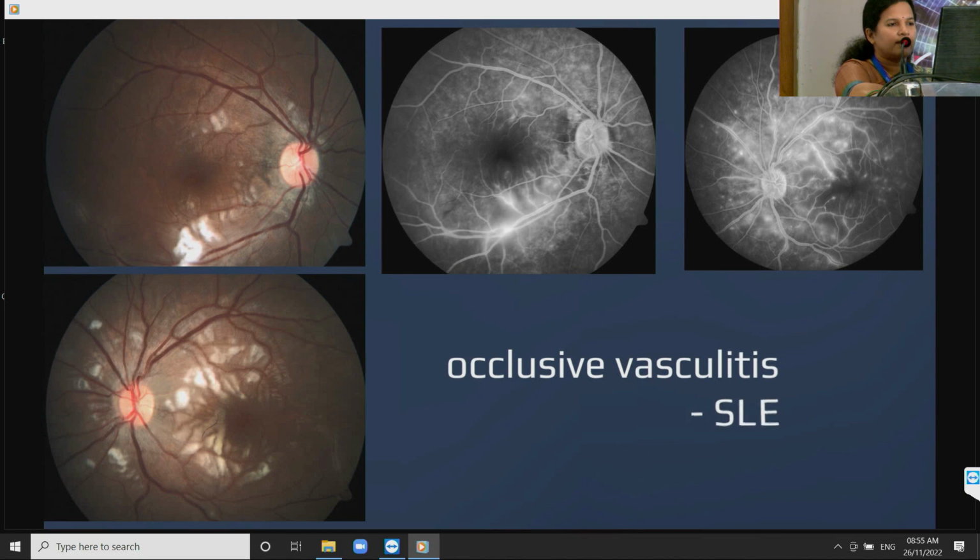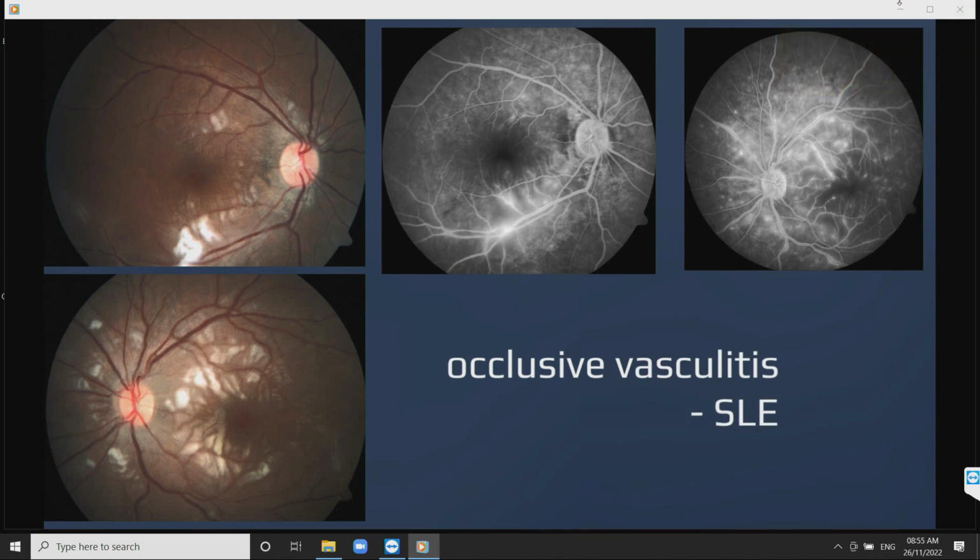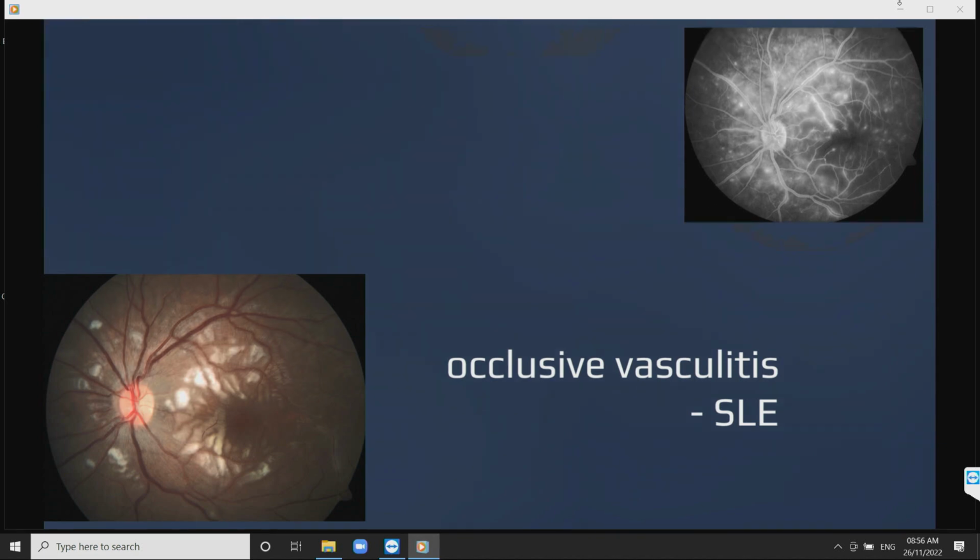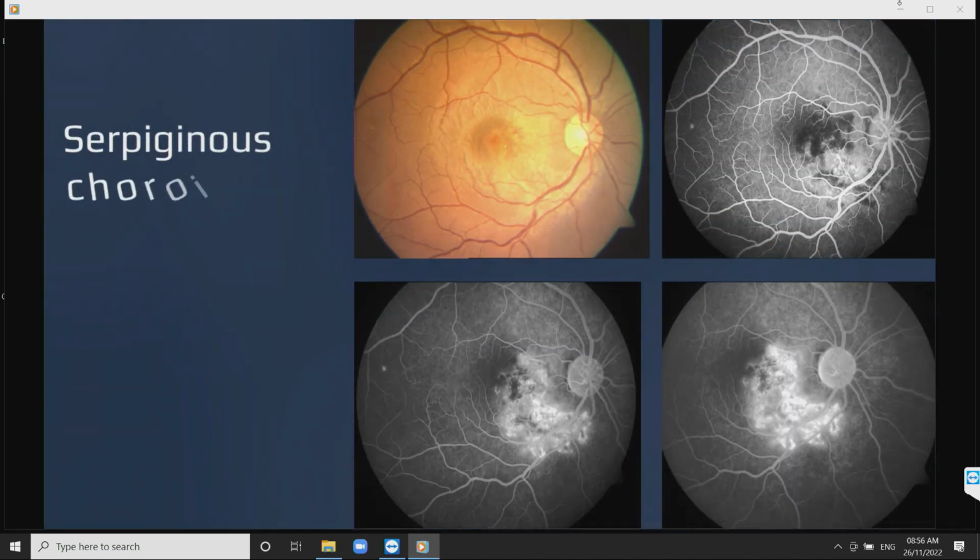Here, this is an example of occlusive vasculitis. FFA gives a complete idea about the extent of vasculitis and about the ischemic status of the retina. In a case of serpiginous choroiditis, FFA gives the complete extent of the choroiditis, and it also gives an idea about the RPE status, which gives the prognosis of the condition.